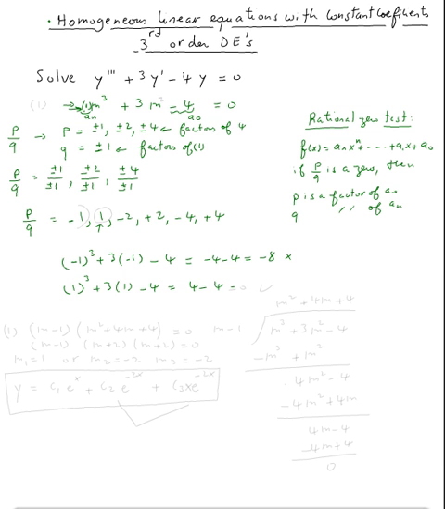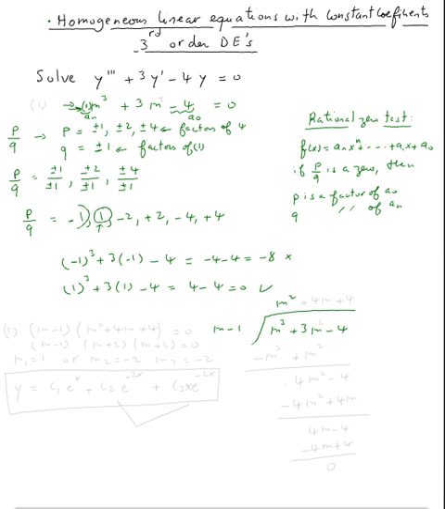This is 4 minus 4 equals 0. It works. We're done. So now we know that 1 is a zero. Therefore, m cubed plus 3m minus 4 can be divided by m minus the zero, which is m minus 1. Alright, so how do we divide this?